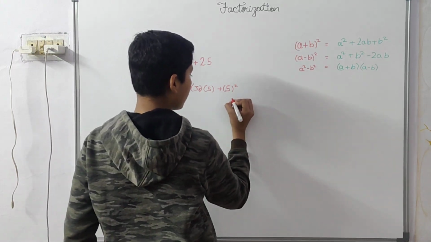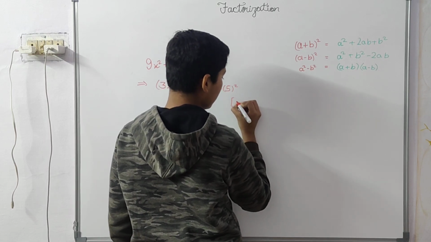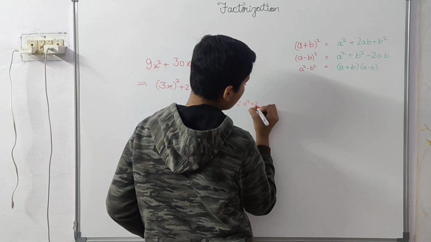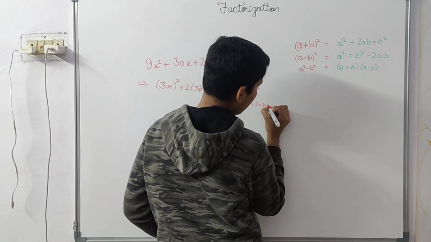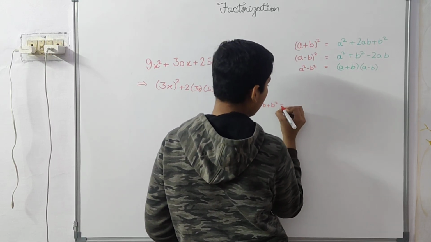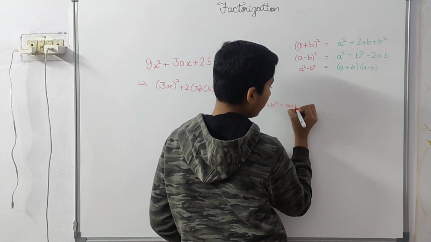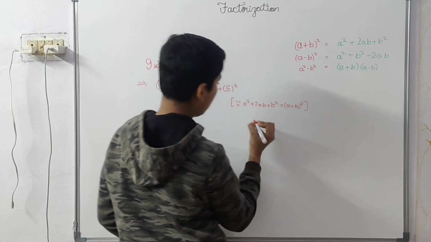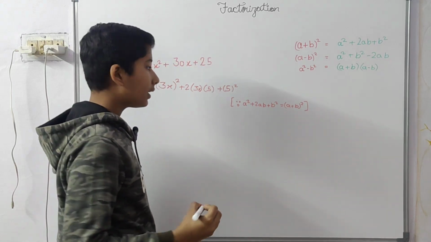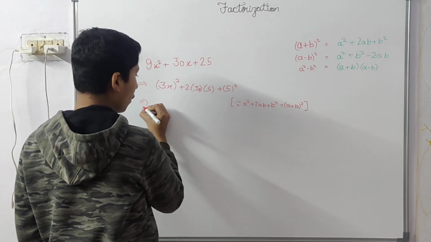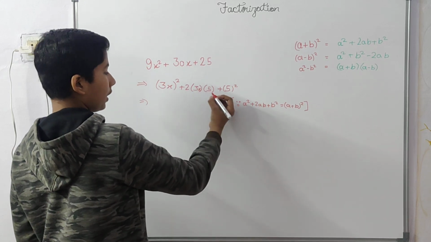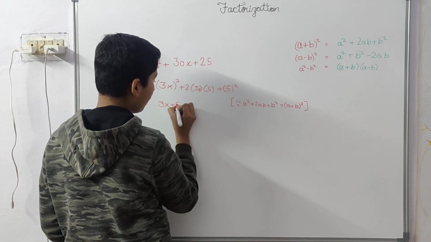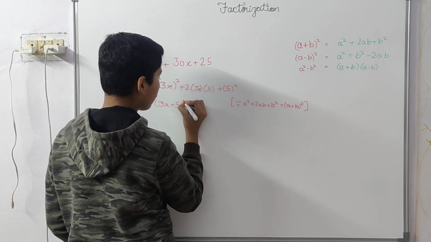Now here in bracket you will write, therefore a square plus 2ab plus b square equal to a plus b whole square. Here in bracket you will write the identity, but oppositewise. It will be 3x plus 5 whole square.